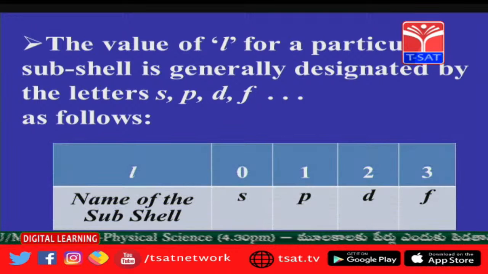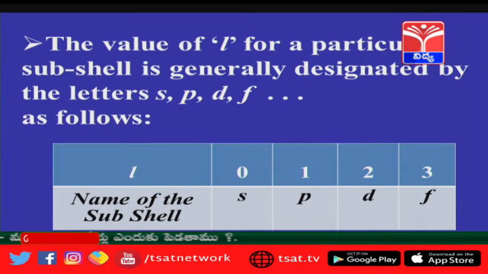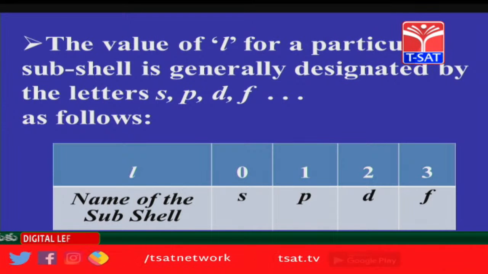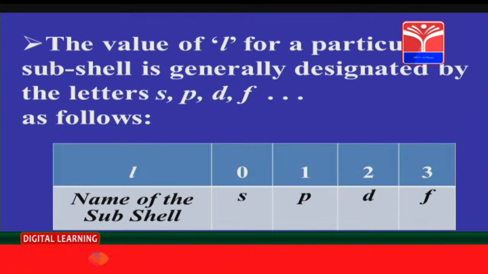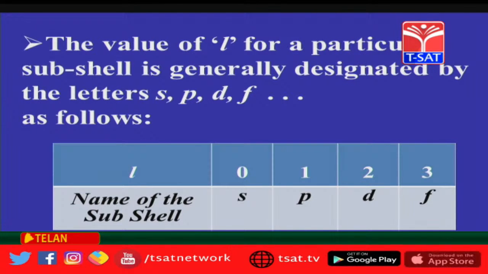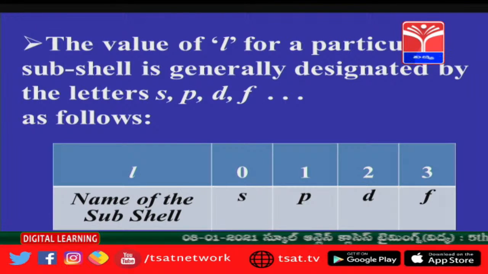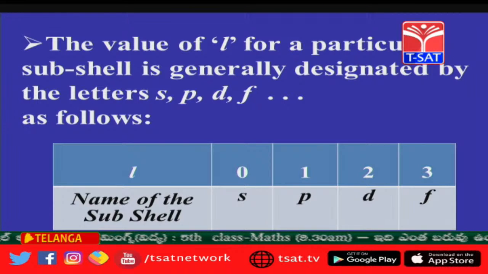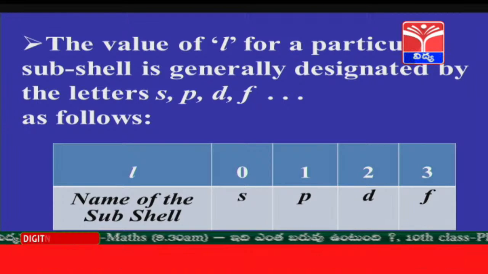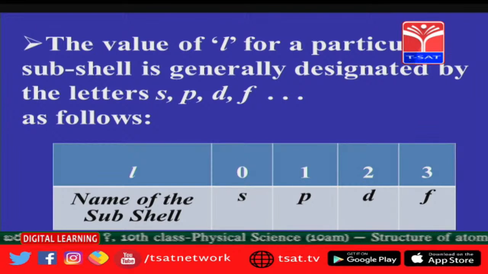See here in the table: if l is equal to 0 then it is the s subshell, if l is equal to 1 then it is the p subshell, if l is equal to 2 then it is the d subshell, if l is equal to 3 then it is the f subshell.